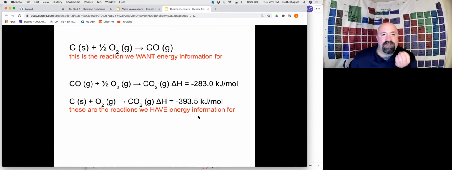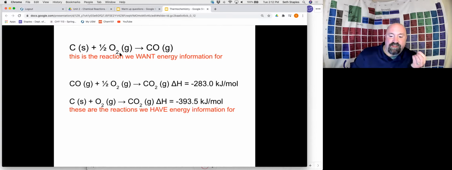To get that, we're going to use the enthalpy information we have for carbon monoxide plus oxygen giving us carbon dioxide, and also carbon plus oxygen giving us carbon dioxide. We're going to use it to find the information for this reaction.